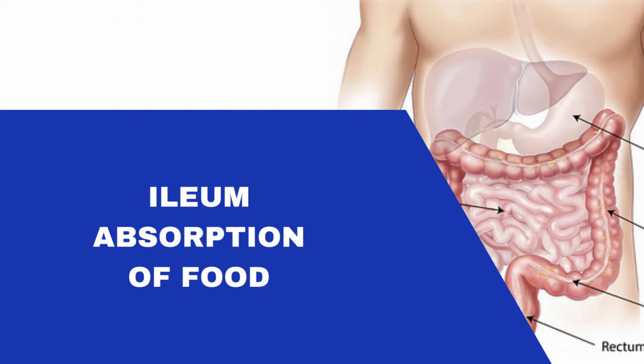The last portion, ileum. Here, absorption of food takes place, not digestion of food. Digestion of food has been completed in second part of small intestine, that is jejunum. Now, in last portion of small intestine, only absorption takes place. This portion is called ileum.